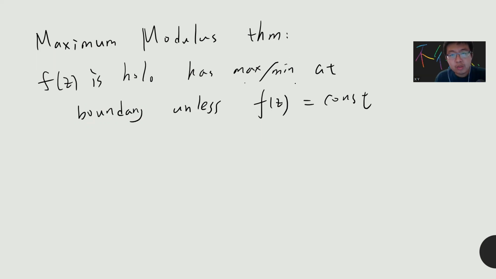This maximum and minimum are both global and local. And the proof just uses the Cauchy theorem.